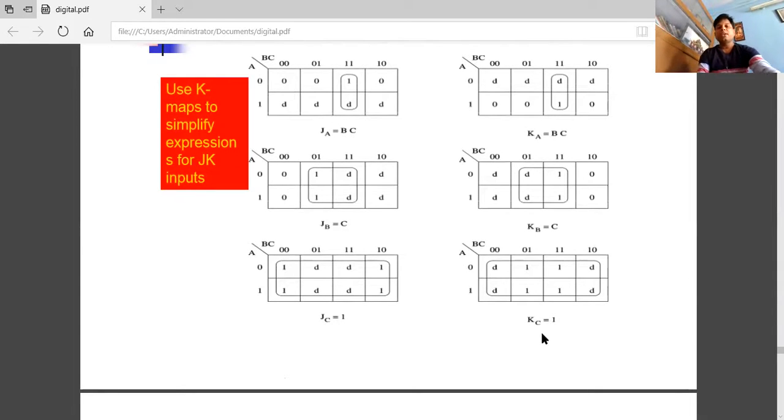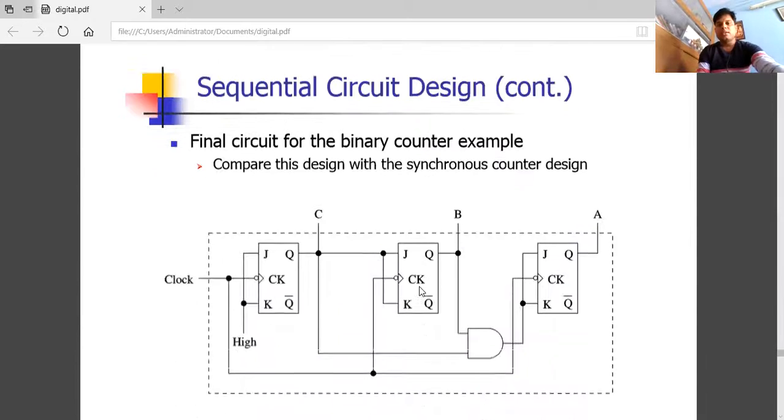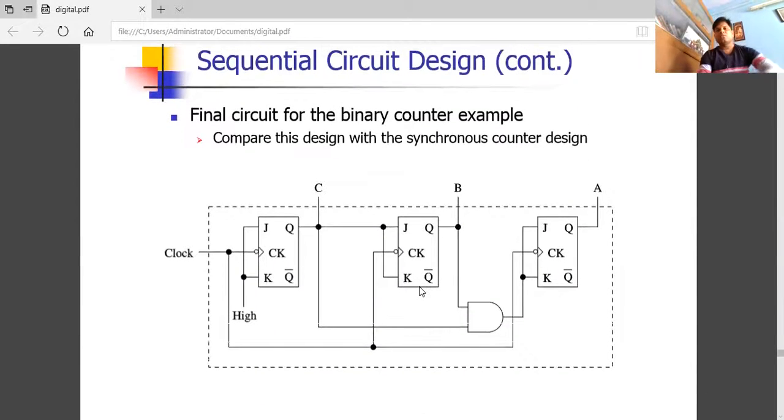Then how to design the counter? Basically we have to design the counter from 3 flip-flops with the given equations, like J equal to BC. That is the equation we have been given.